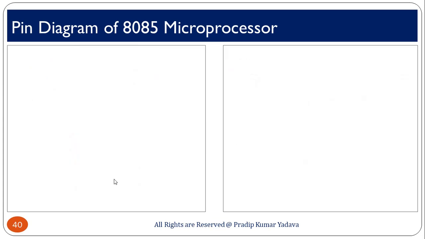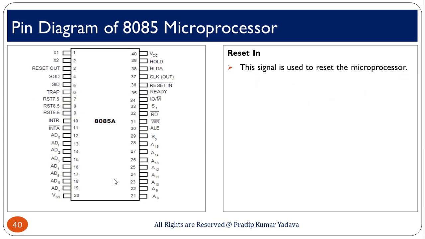By watching that video you can definitely understand. Now talking about RESET, this signal is used to reset the microprocessor. By default the value of the program counter is 0 in the 8085 microprocessor.